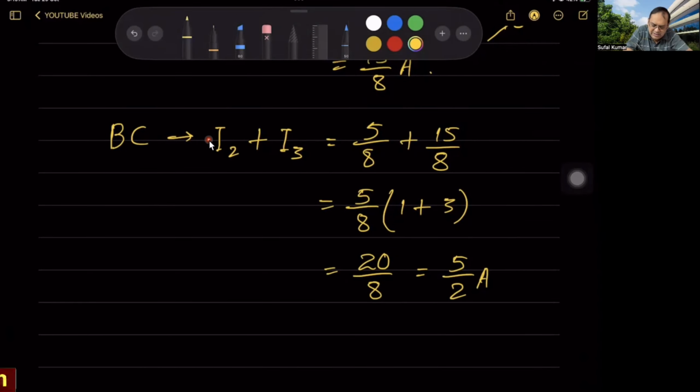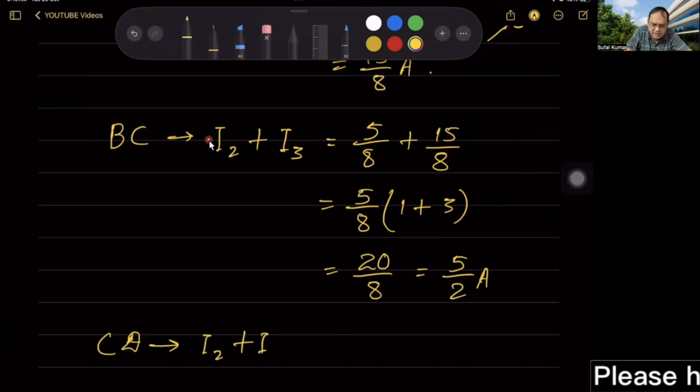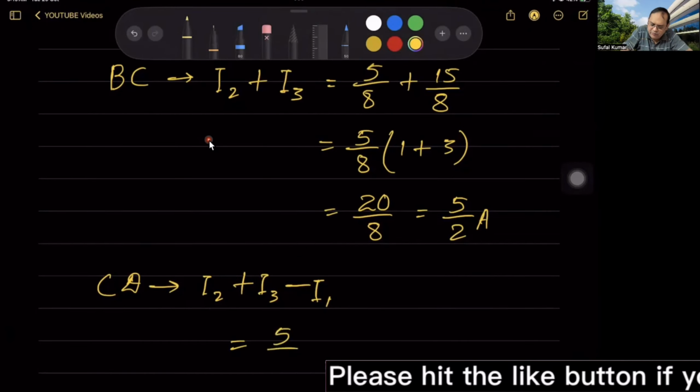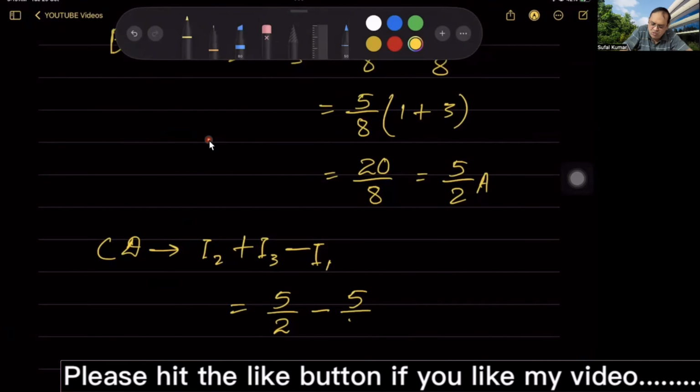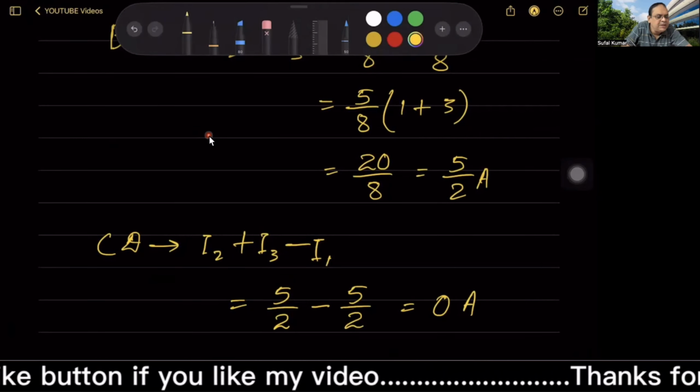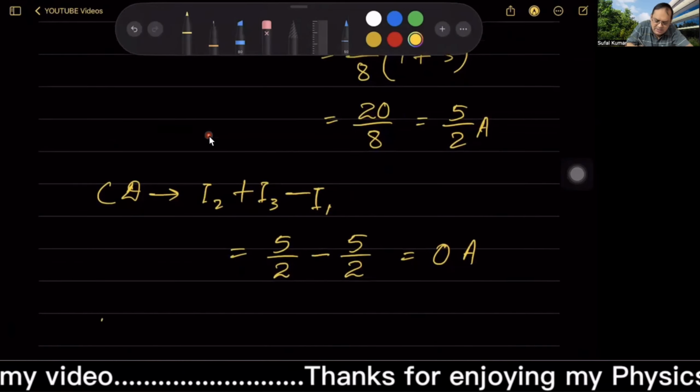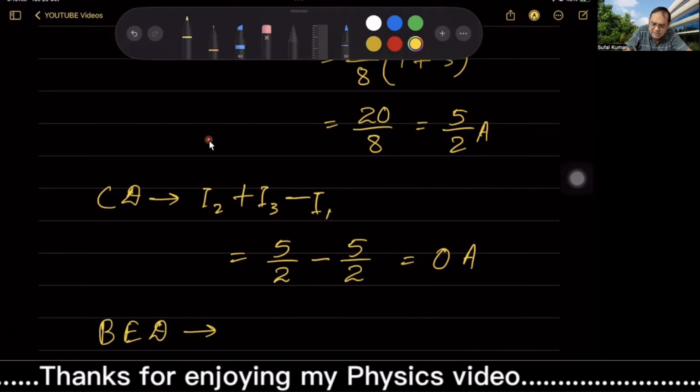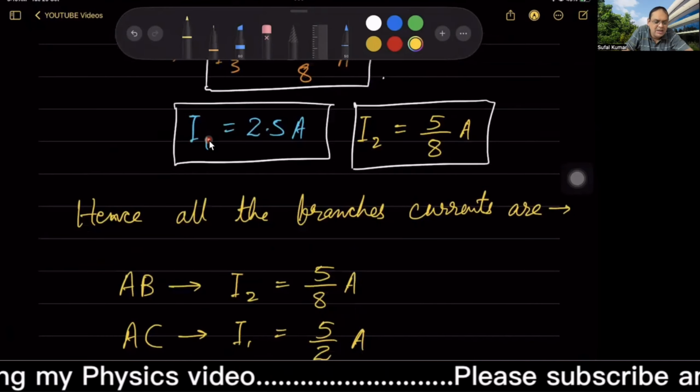Then CD, I2 plus I3 minus I1, 5 by 2 minus 5 by 2, it should be 0. Last branch DE is I3, 15 by 8.